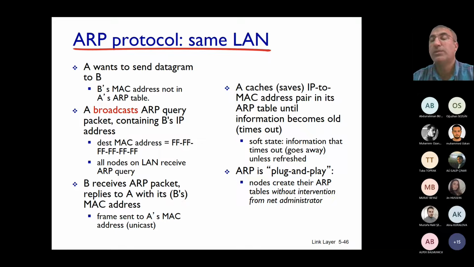ARP works like a plug and play strategy. You just plug in and it starts to self-learn. Nodes create their own ARP tables without any feedback or input from the admin.